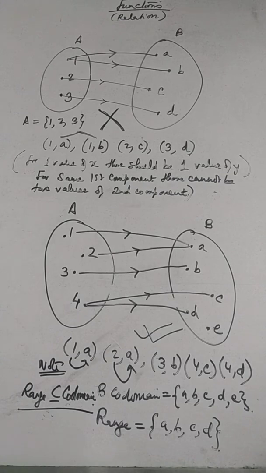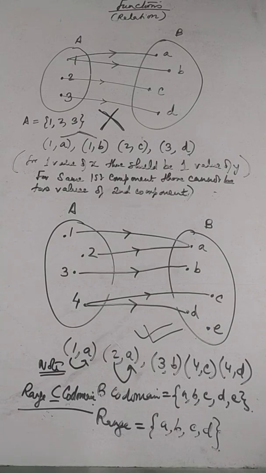Moreover, we can have elements in the codomain left over, doesn't matter, but the basic criteria of the definition that must be fulfilled is that every element of the domain must be utilized to get the values of y, the range. Range can be the same as codomain or a subset of codomain.